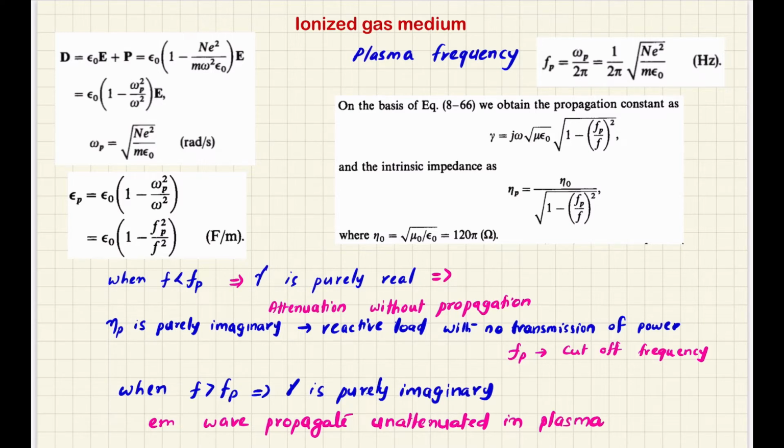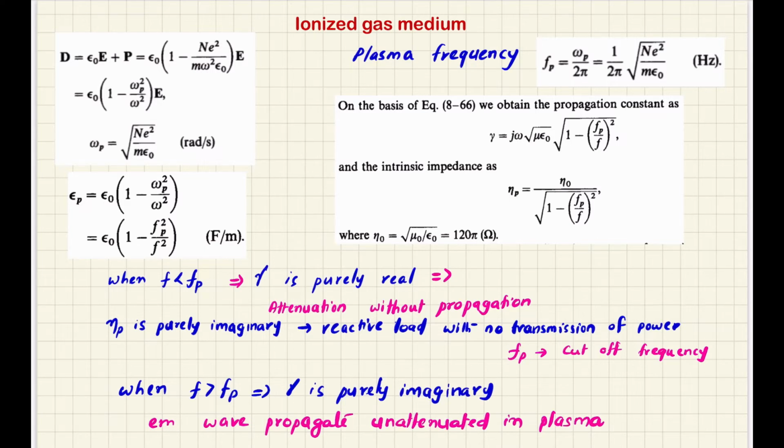And the impedance, you can write like this, where root of mu 0 by epsilon 0 is the intrinsic impedance of the vacuum medium. Its value is about 120 pi, which I forgot to mention in our lecture. This is an approximate value, but it will be useful for doing problems.